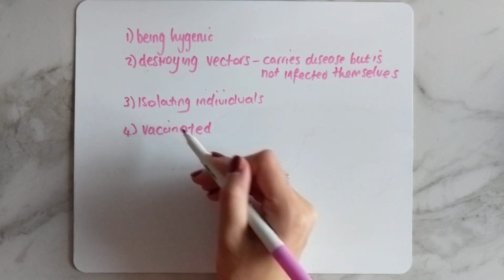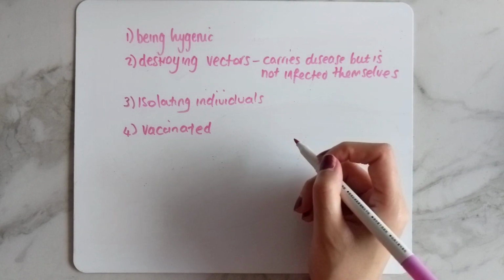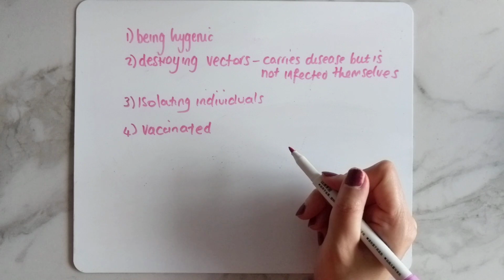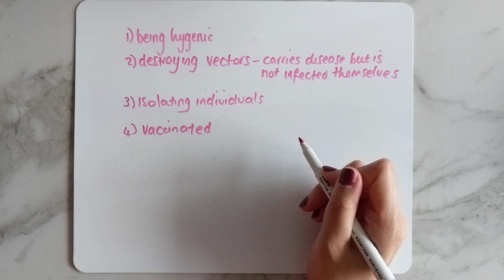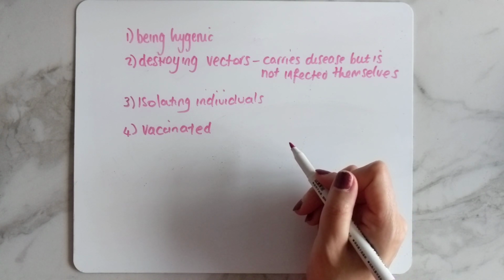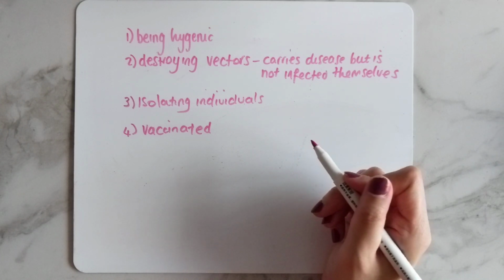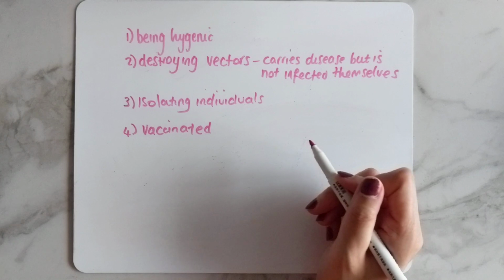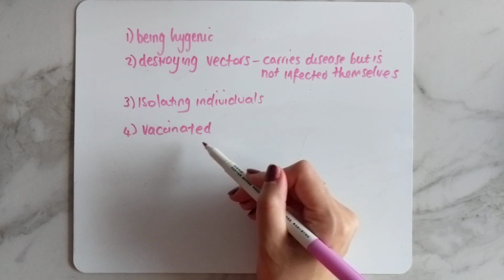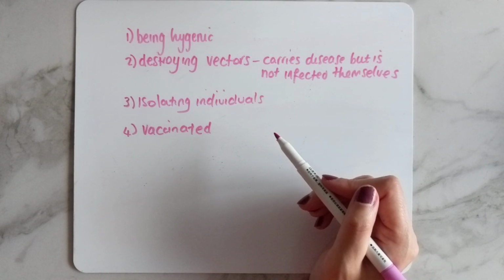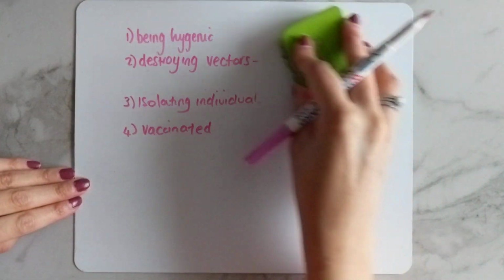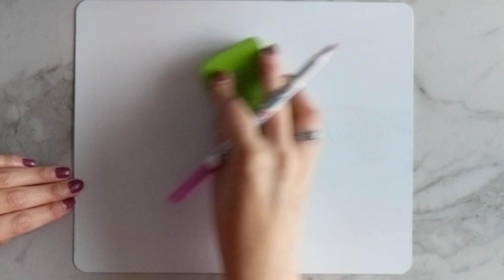So I'll talk through what a vaccination is a bit more later, but vaccinating people just helps a large population to become immune to a certain disease, such as measles. A lot of children have the MMR vaccine, which helps them not catch measles, mumps and rubella. So those are your prevention methods.